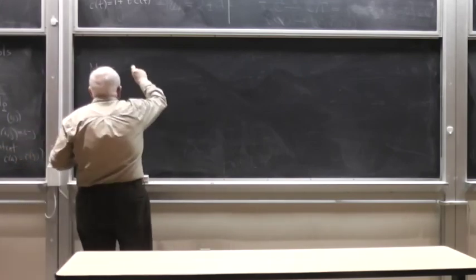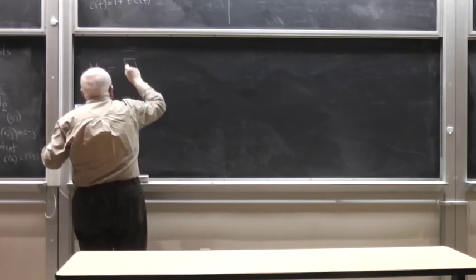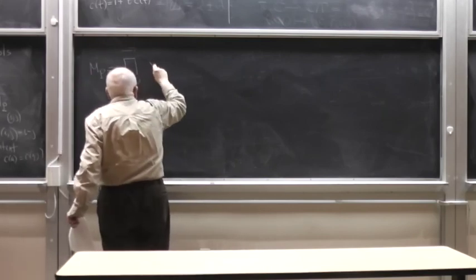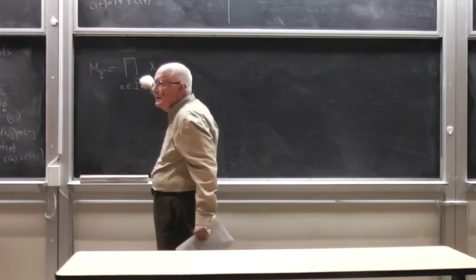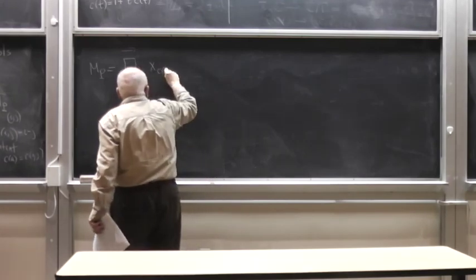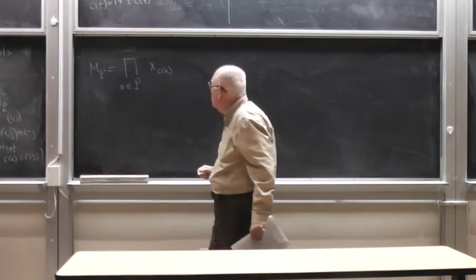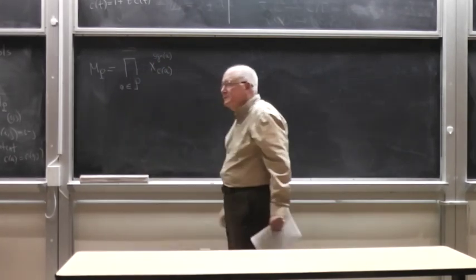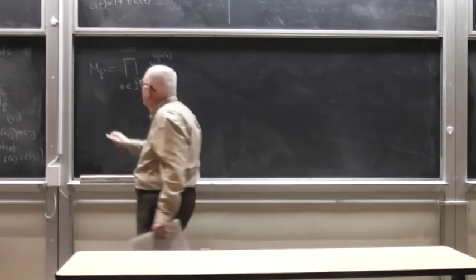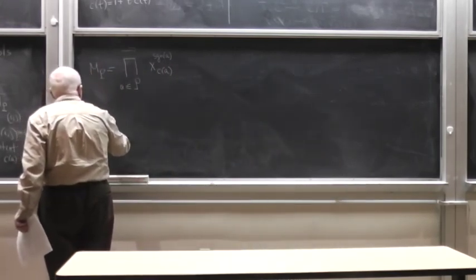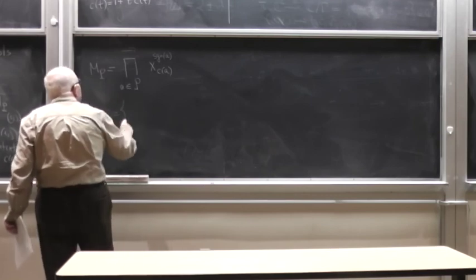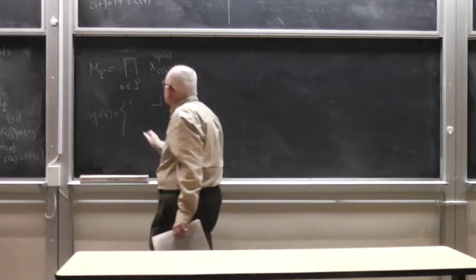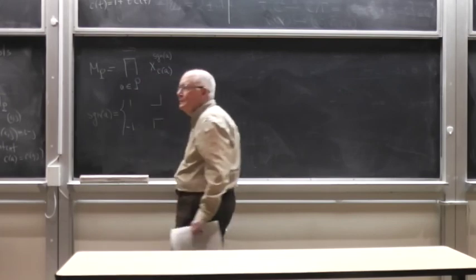It's a product over all possible angles of x, where x are the free variables, with index C of A. And here I have to put a number, the signum of A, which is equal to 1 if I have an angle like this, and -1 if I have an angle like this.